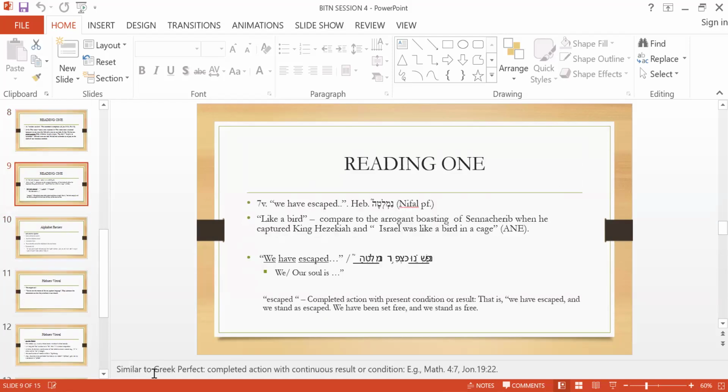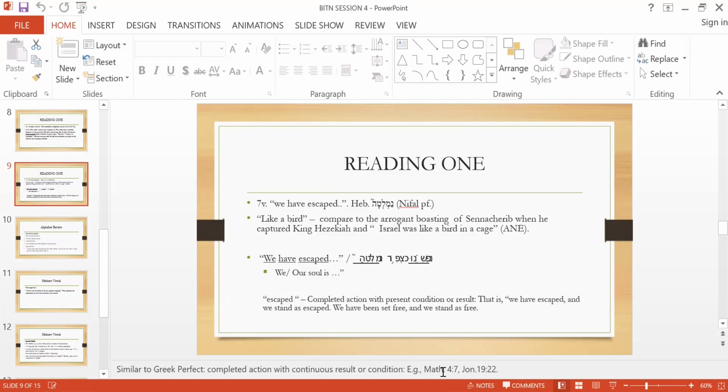Okay, so I was trying to say, similar to the Greek perfect, it refers to a complete action with continuous result or condition. If you look at Matthew chapter 4, verse 7, Jesus said, it is written. In other words, it stands completely written and it continues to stand written. The result continues.